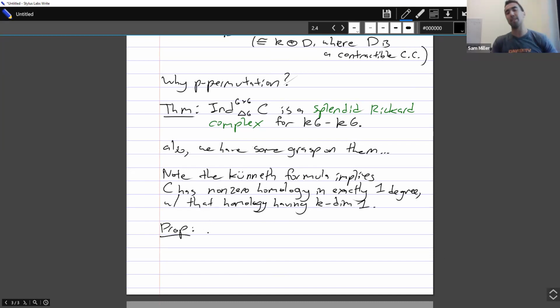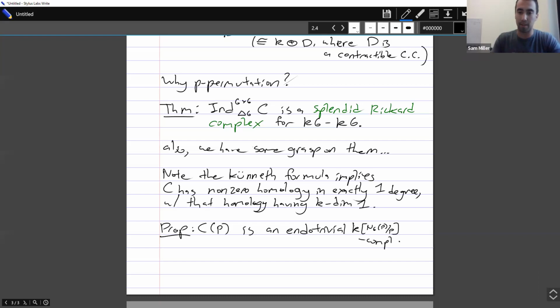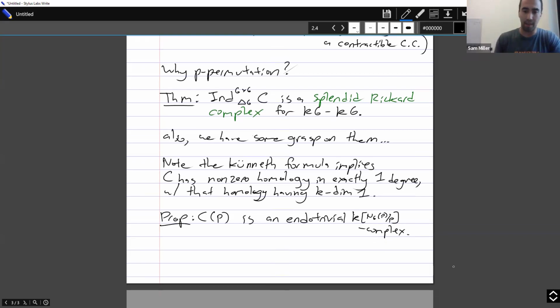Just as a basic result of the multiplicity of the Brauer construction, for any p-subgroup P, where C is an endotrivial complex, C_P is then an endotrivial K N_G(P)/P complex. So given any endotrivial KG complex, we can induce these local endotrivial complexes, local at the normalizer level.